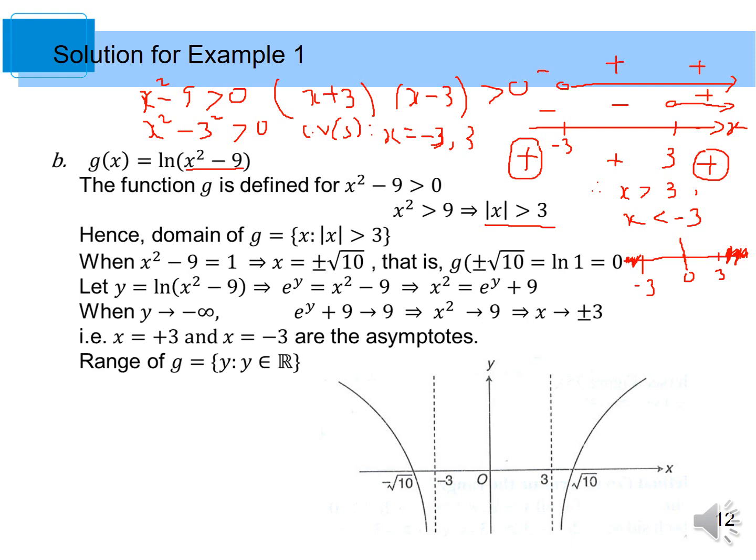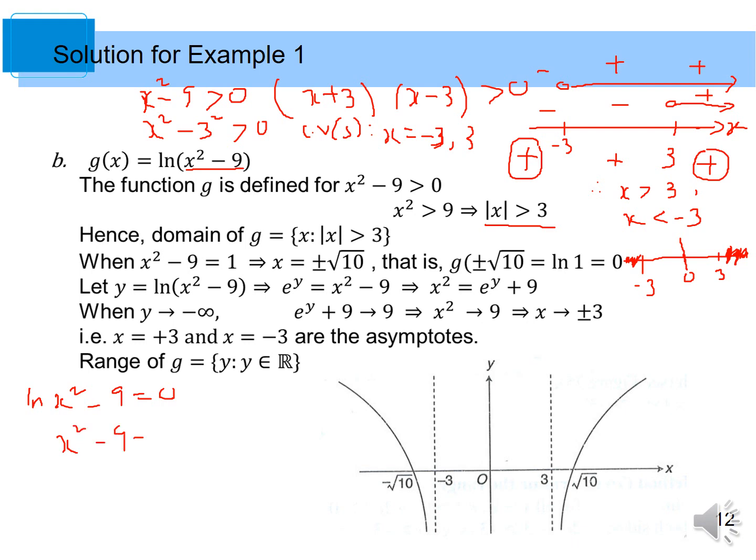Now we can determine the x-intercept. For the x-intercept, you let y equal to 0. So we have natural log of x squared minus 9 equal to 0. Then you solve. So same, you bring the natural log to right side.